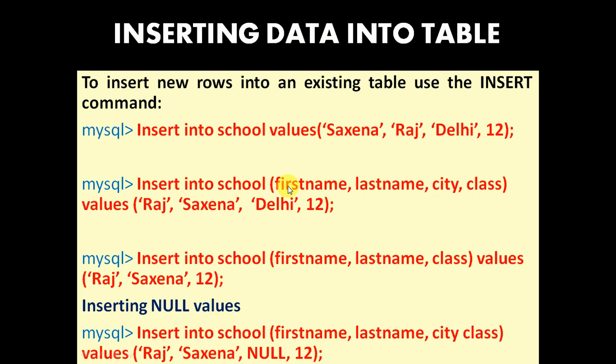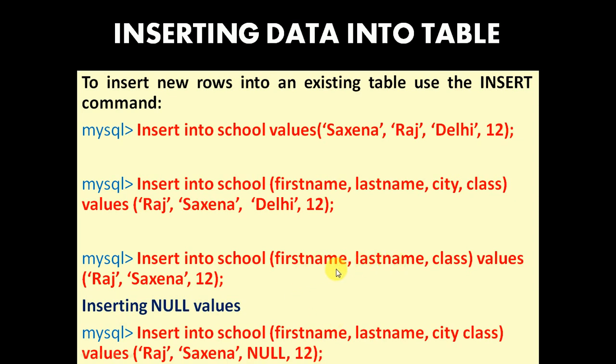Suppose you don't know the sequence of the columns, then you have a second option: you can specify the column names in any order and then in the same order you can specify the values. So this is the second option where you can give the values according to your choice in any order. Third, suppose for some columns I don't want to provide a value, and I want to provide values only for 3 columns. The same option can be used.